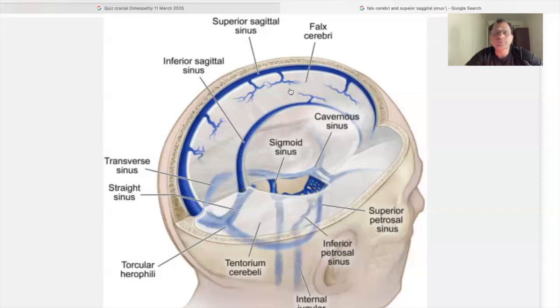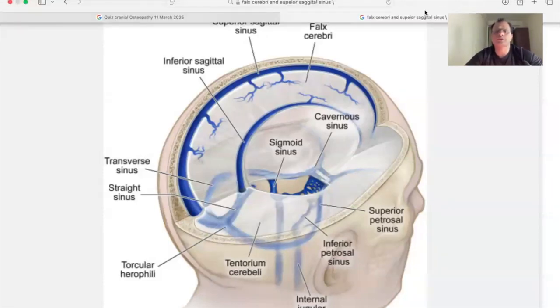Then we can see this membranous structure. This is the falx cerebri. Then in the bottom, we can see inferior sagittal sinus. Okay. And the inferior sagittal sinus is becoming straight, that is straight sinus. And all are meeting on the confluence of sinus. Yes. So this membrane is very wonderful.